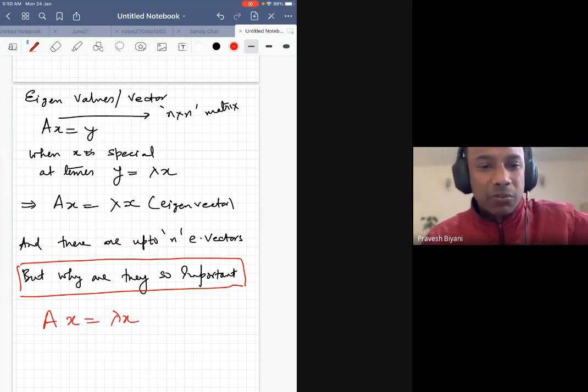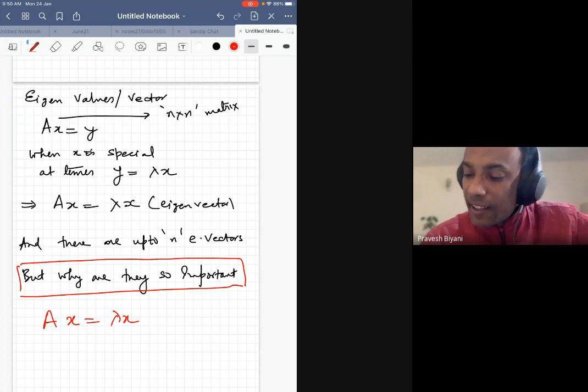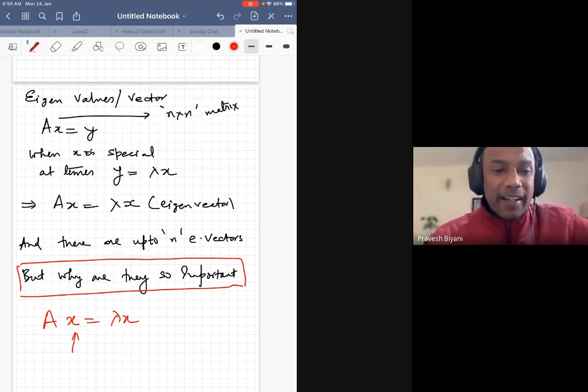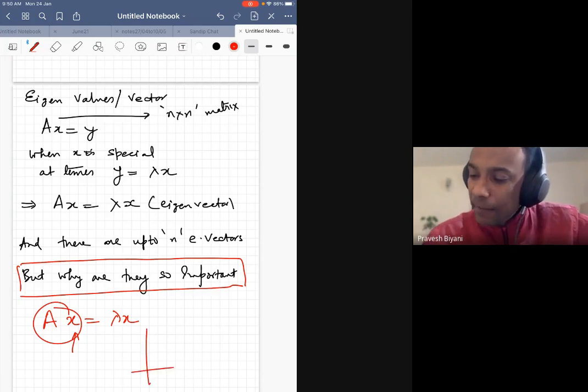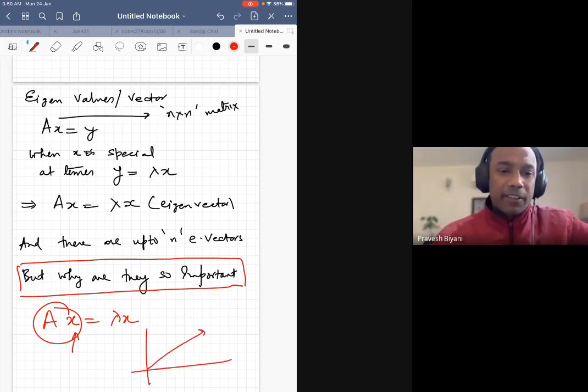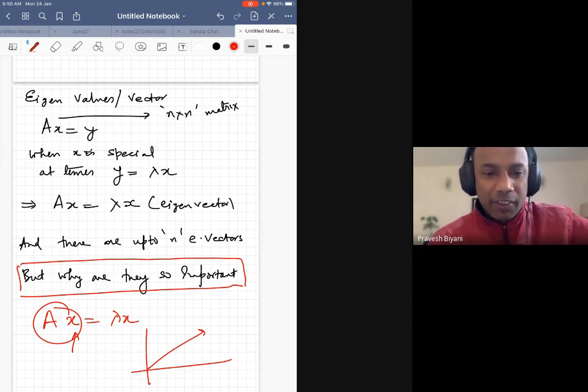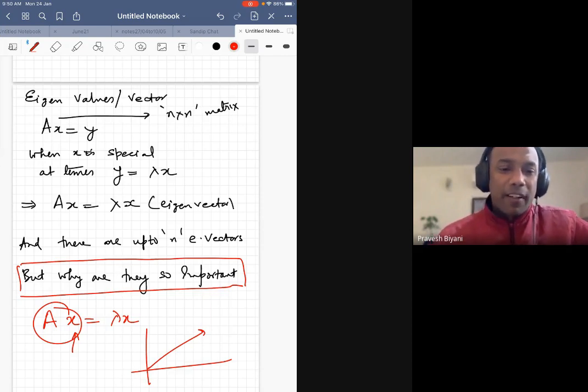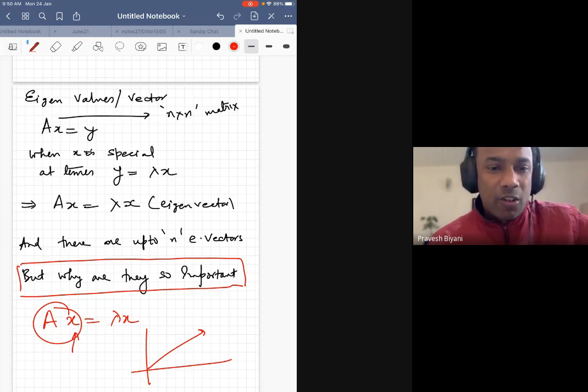You all know this. I know. But I'm saying that another way of looking at this operation, Ax, is that I have a vector in a certain direction, and I apply an operator A on that. Operator A means basically taking some combination of the elements of x and resulting in some new vector y. Okay, now I'm calling it an operator. For example, differentiation is also an operator.